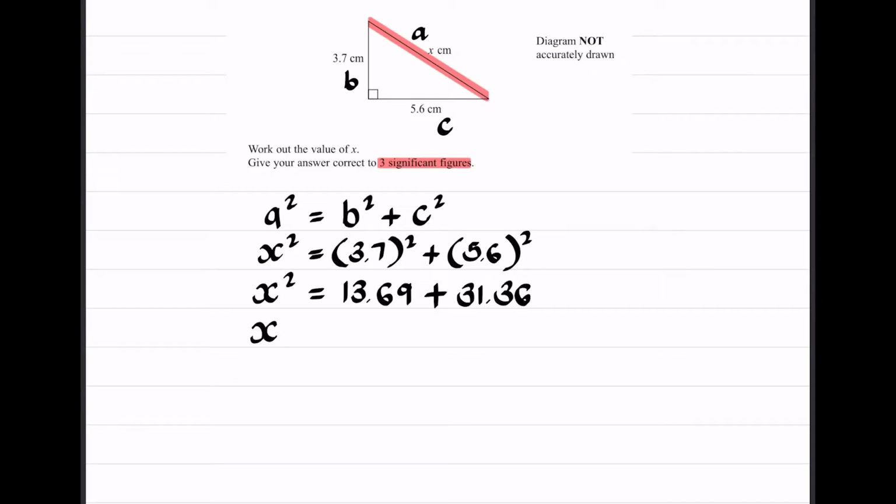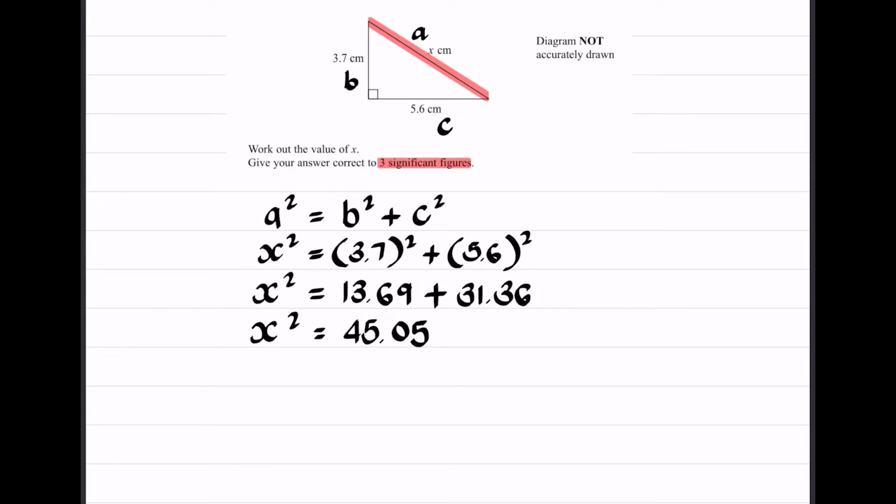So x squared is equal to 13.69 plus 31.36 gives me 45.05. But I don't want x squared, I want the x by itself.